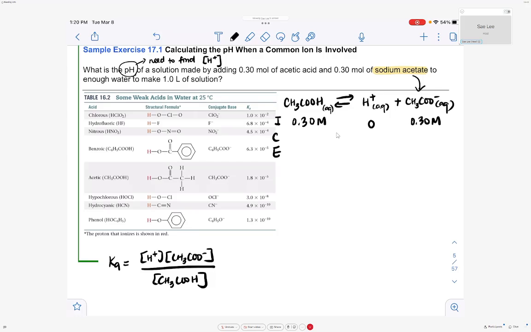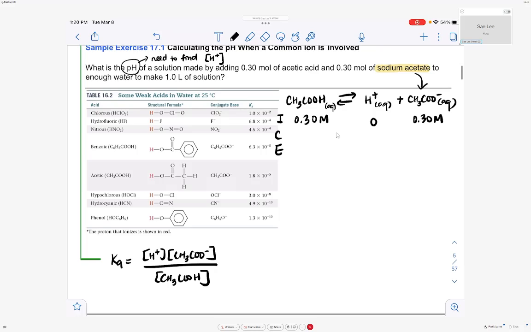Then let's use X to denote the change in concentration. Okay, so X, according to the reaction stoichiometry, the change is going to be X for each species. As for the sign, you are depleting the reactant, so you have negative X for the change in acetic acid.